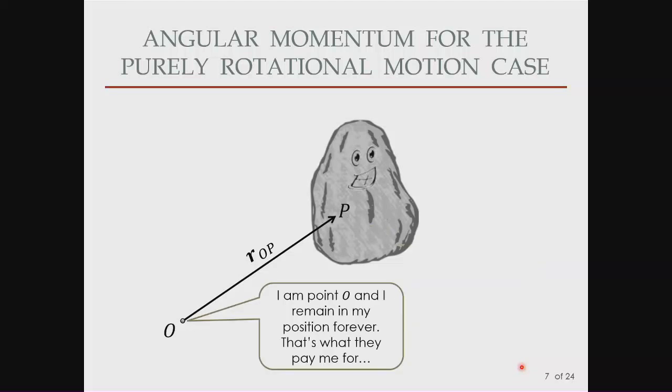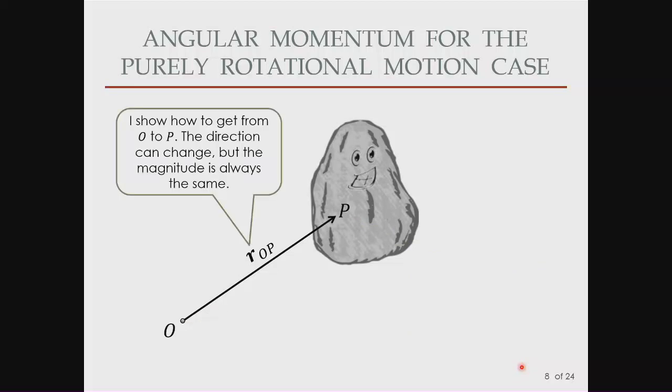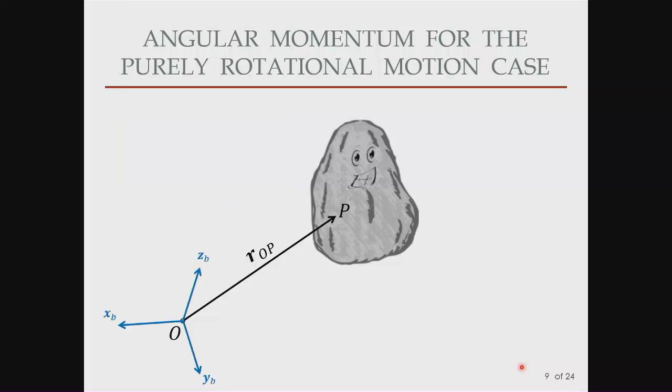So now O is fixed. This vector, ROP, this is important, and I will explain later. So the direction can change, but the magnitude is constant. Does it make sense?